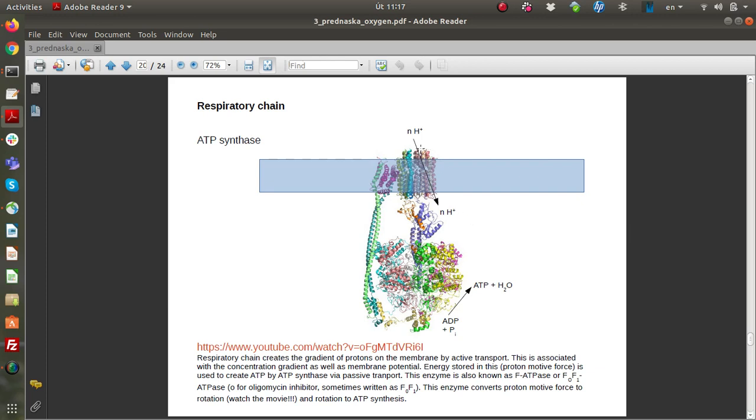And what they did, using genetic engineering, they put here some kind of moiety, an extra polypeptide chain, and by this polypeptide chain it was possible to attach this complex onto a slide under the microscope.